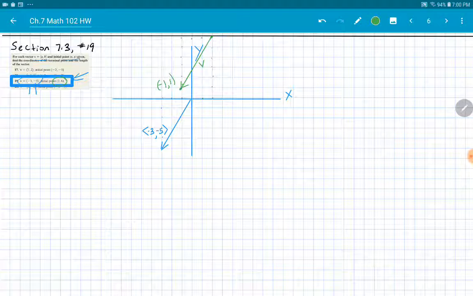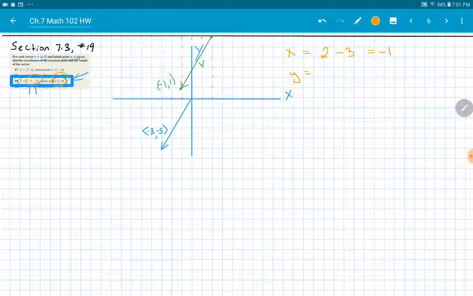I can do this algebraically by thinking of starting at that point and then following these components. So my x is going to be starting at the initial point of 2 and then going back 3. So add -3 gives me -1.